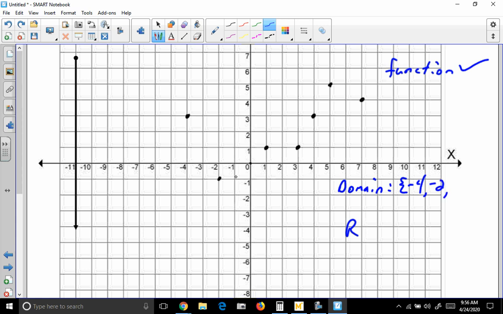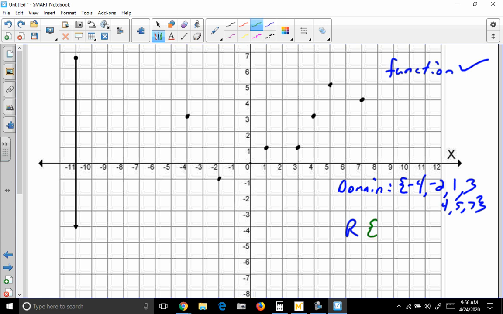As we move to the right some more, the next point we come to has an x value of 1. And then an x value of 3, then 4, then 5, then 7. So that's the domain. We have points at each of those x values.